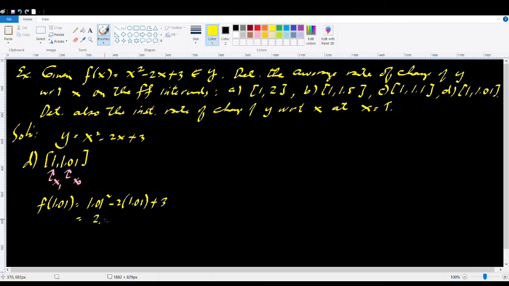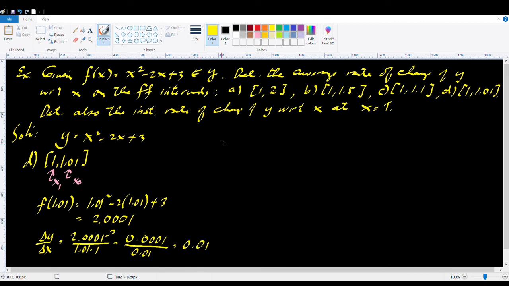That is 2.0001. Right? So delta y over delta x is 2.0001 minus 2 all over 1.01 minus 1. So 2.0001 minus 2 is 0.0001 over 0.01. That gives us 0.01.